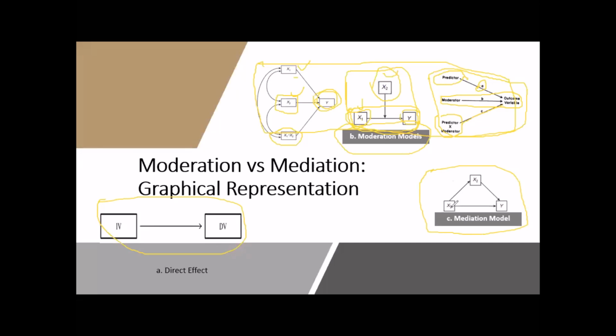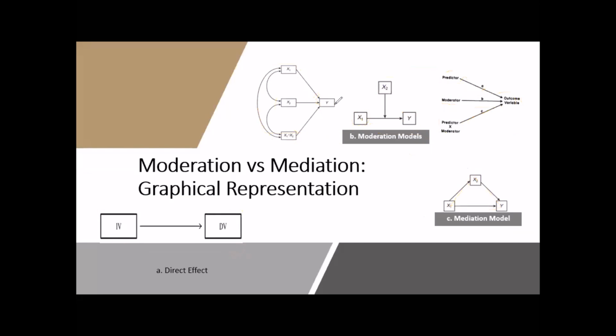Here two variables are directly connected as well as indirectly connected. So in fact, the mediator basically serves as a booster of the relationship between the independent and the dependent variable. On the other hand, the moderator basically serves as the regulator of the relationship between two variables.